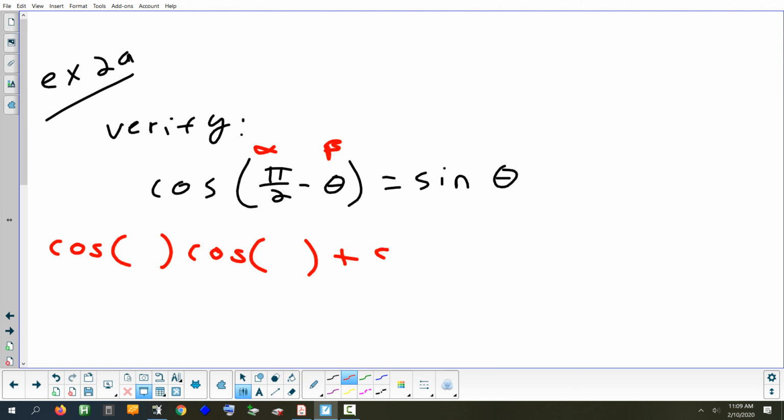Plus sine, sine. Now fill in all your arguments. So Skylar, what's going to go in the first parenthesis? 5 over 2. Peregrine, the second parenthesis? Theta. Now, in the other part, sine of, say on my first parenthesis? Theta.